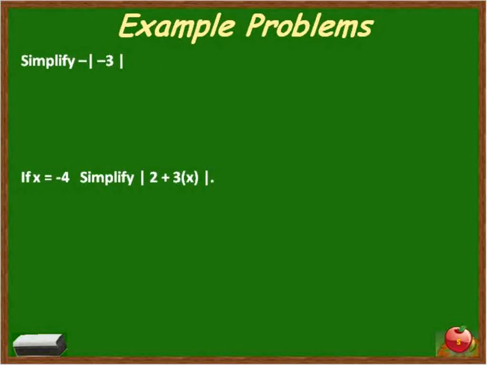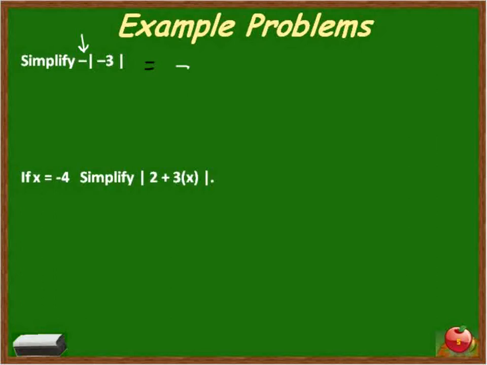So some example problems, and I actually did one very similar to this in the first lesson for Foundations 302 class, you'll remember that. Simplify negative absolute value of -3. Well, what we want to do first is look at taking the absolute value of -3. So I'm going to leave that negative that's out front there. And I'm going to work on the absolute value of -3.